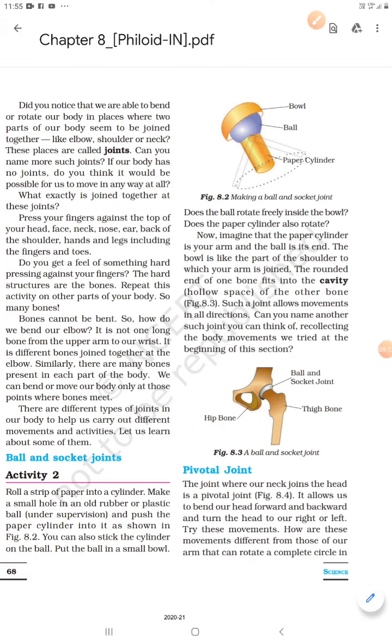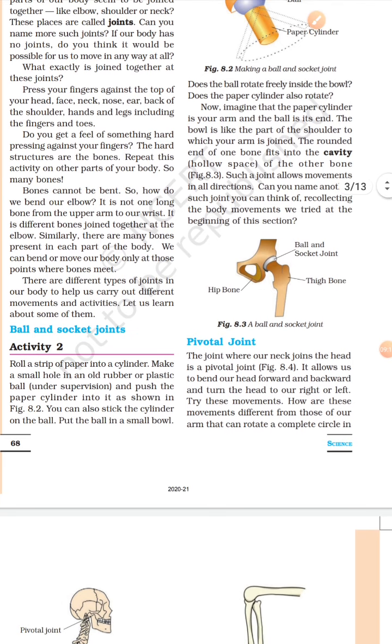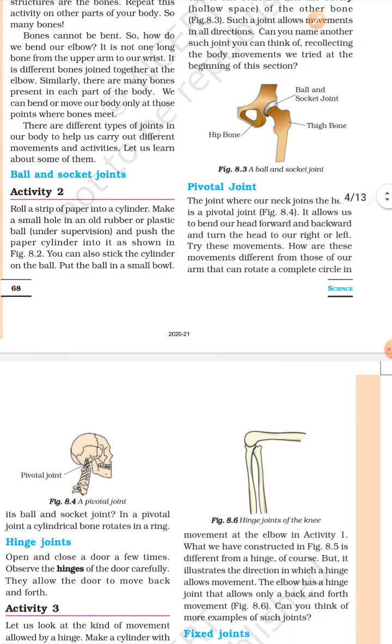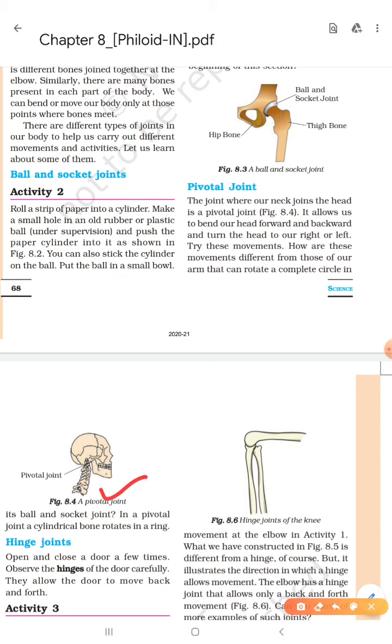Now dear students, we talk about the next joint, which is the pivotal joint. You can see here, this joint joins neck and head. This pivotal joint joins neck and head, and this joint allows us to bend our head forward, backward, and left and right.